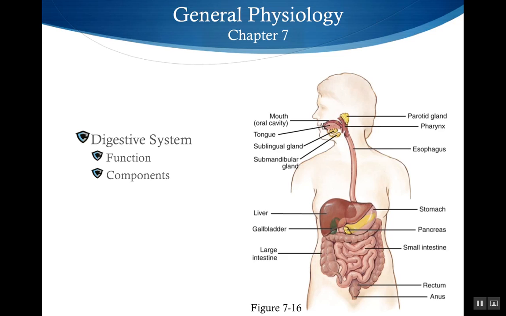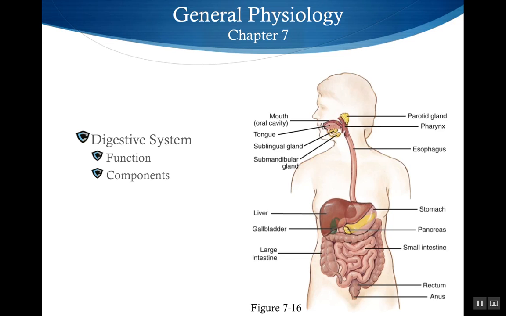In the context of digestion, it produces bile, and that bile is a fluid that helps in digestion and also absorption of nutrients. The bile is stored and concentrated in the gallbladder. So bile and digestive enzymes are also produced by the pancreas. They are emptied into the duodenum, which is part of the small intestine.